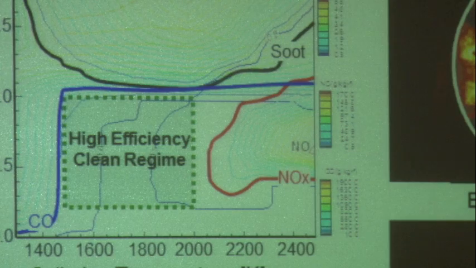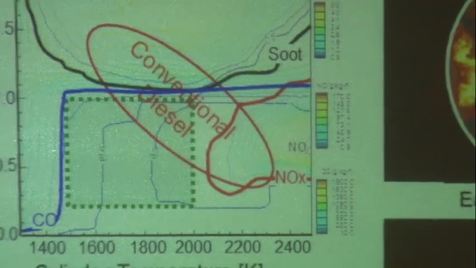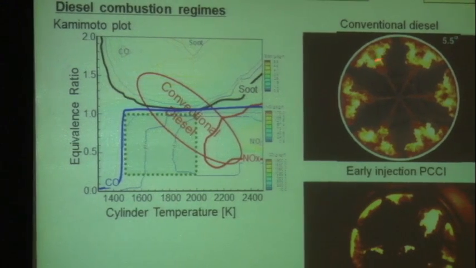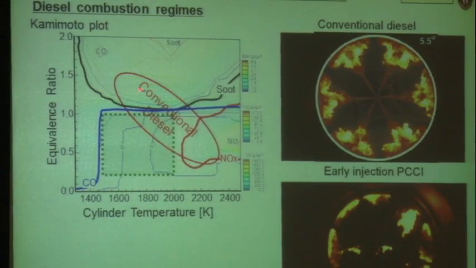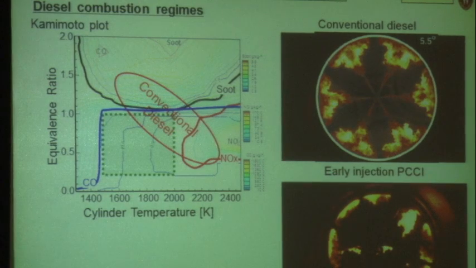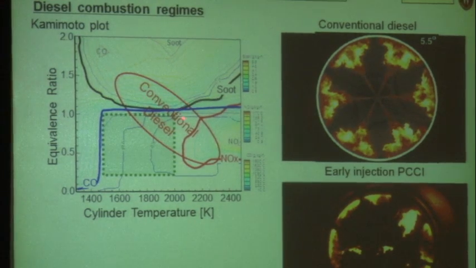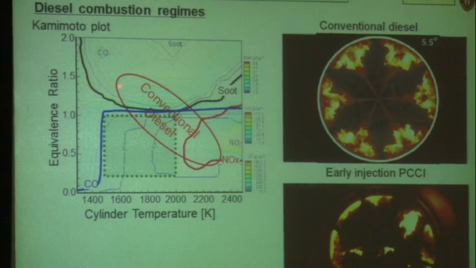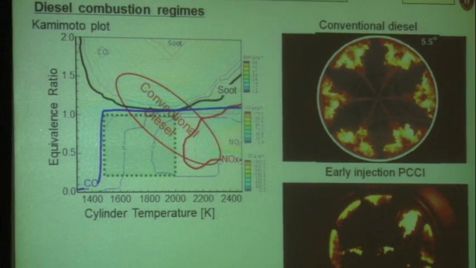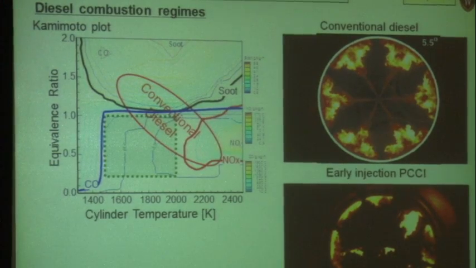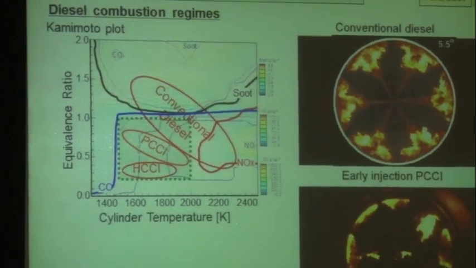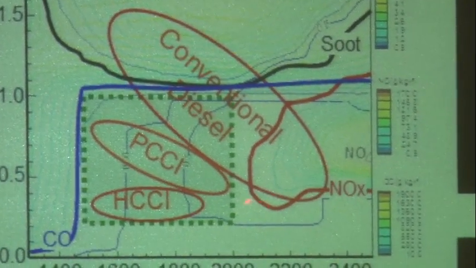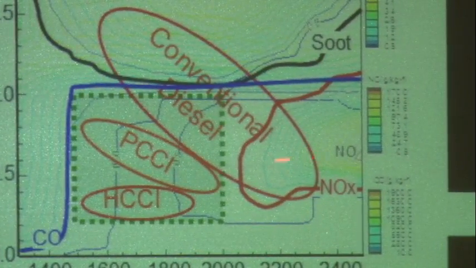CO and unburned hydrocarbons. If you look at conventional diesel combustion, someplace in the combustion chamber, you're going to have rich regions at low temperature. You're going to have regions that are lean at high temperature. And these are going to give you the soot, and these are going to give you the nitric oxide. If you look at the low temperature combustion regimes, you want to stay away from the nitric oxide producing part of this chart.